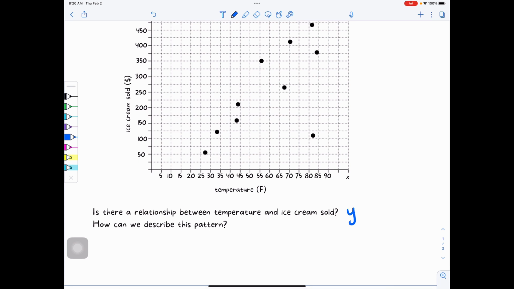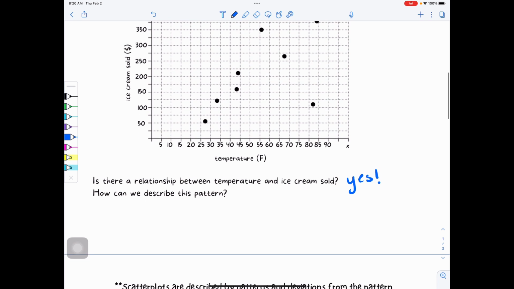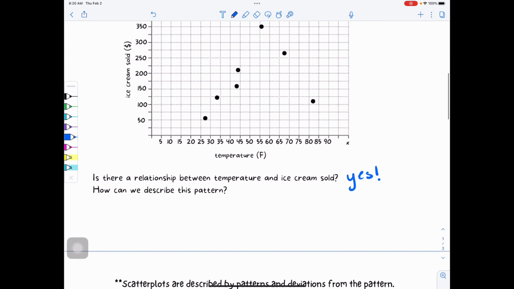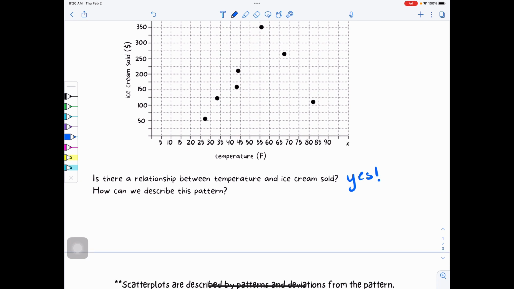So is there a relationship between temperature and ice cream sold? I would say yes. How can we describe this pattern? Well, if I look at this, it seems that my points are generally increasing. As my x is going up, my y is going up. So I'm going to write that in terms of our situation. Our x is temperature and our y is ice cream.